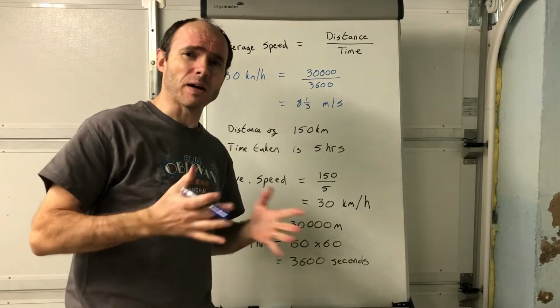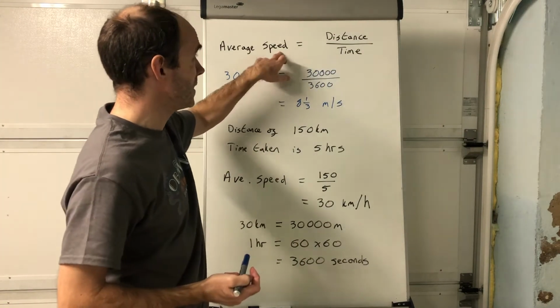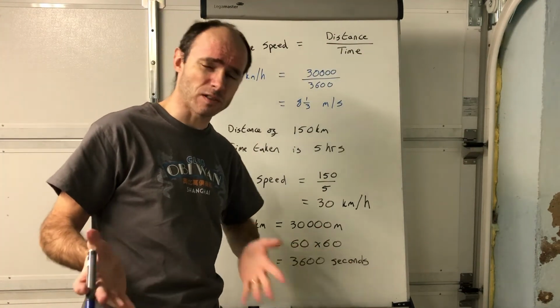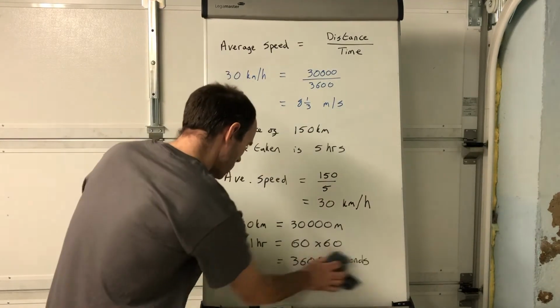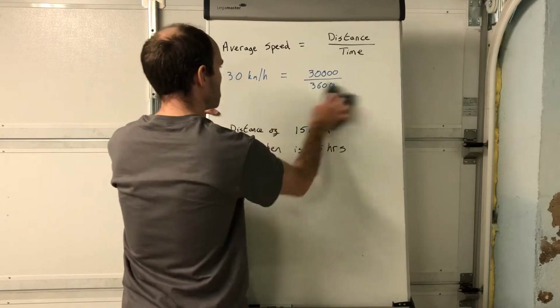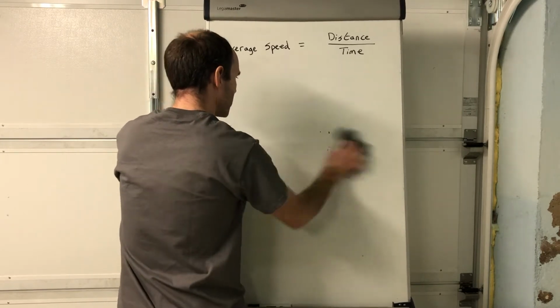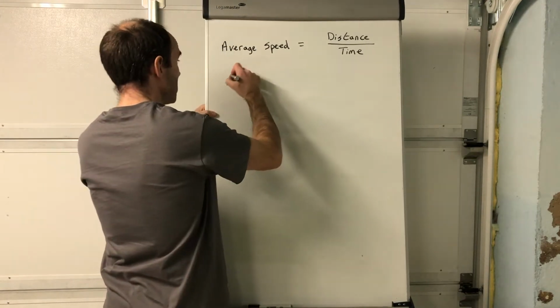Another question might be, maybe we're given the time and the average speed, and we're going to work out a distance. I'll just fill you in with one of those examples. Let's just rub this all off now. So let's suppose that in my next example we are given an average speed.